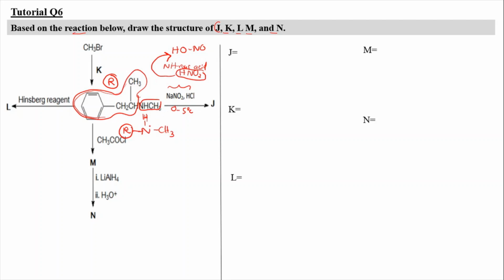Okay, so kat sini pun I can change my position. For example, let's say I want to put my CH3 here, and my hydrogen gonna be here. Tak jadi masalah because it's still the same. Okay, and I'm gonna react that with my HONO, which is my nitrous acid. And what I can see here is that the HOH here can be eliminated as a byproduct of water.